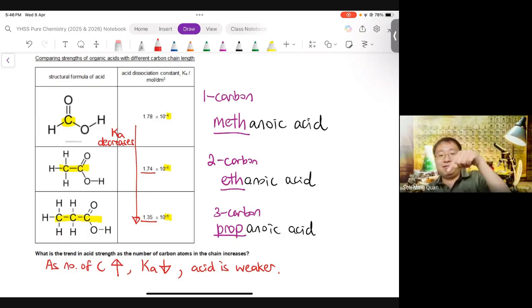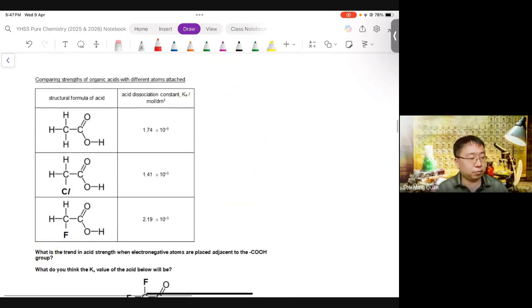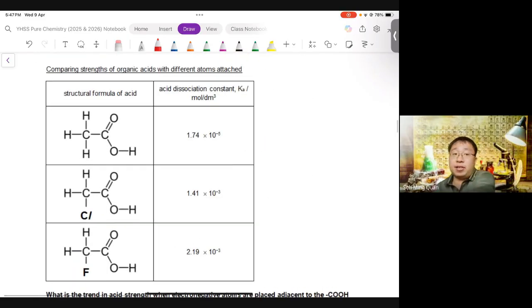The next one, which is on the next page, deals with what happens if you attach electronegative atoms to the acid. So moving on. At first, it's all hydrogens. What if I suddenly introduced a chlorine on the adjacent carbon atom? You might think that there's no real impact, right? It's on the adjacent carbon.